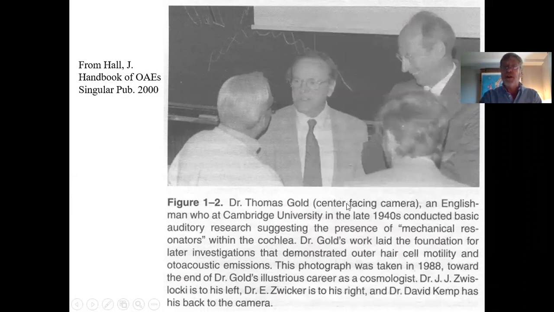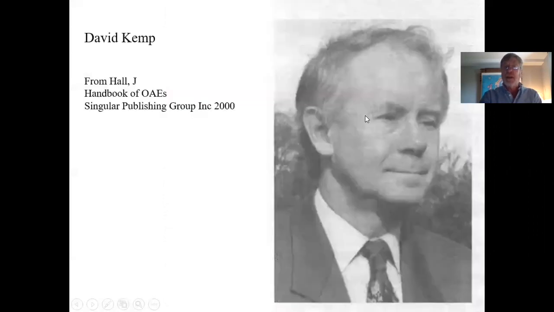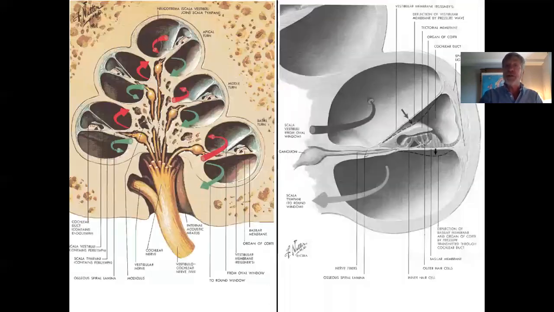Thomas Gold, center-facing camera. Okay, in the late 1940s, he suggested mechanical resonators inside the cochlea, talked about outer hair cell motility and otoacoustic emissions. This photograph was taken in 1988, toward the end of his career. Here's Kemp, younger than Gold, and he found otoacoustic emissions that proved that Gold's theories were right.